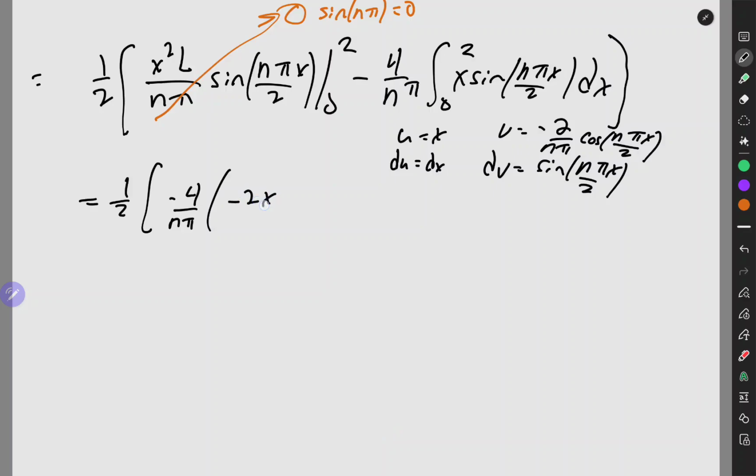UV. Oh, this one's nice. This is not too bad.